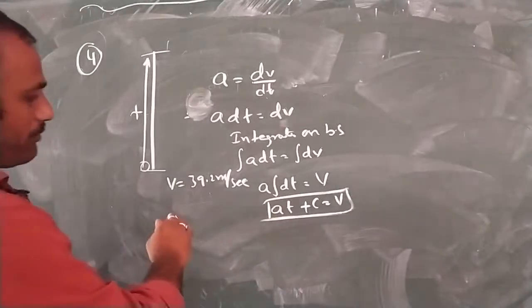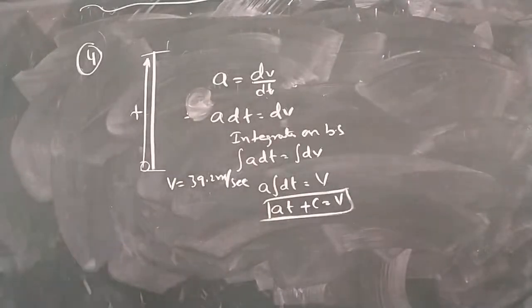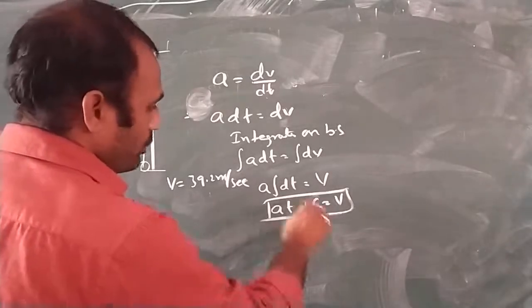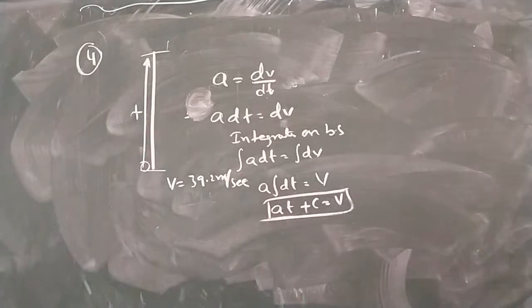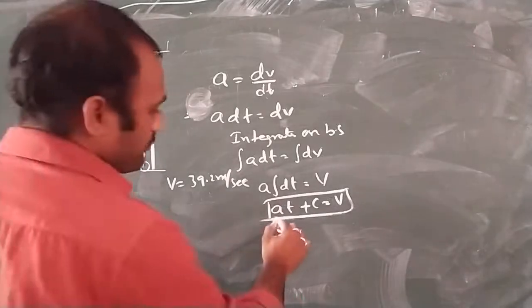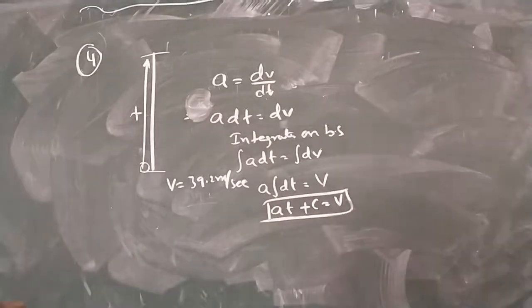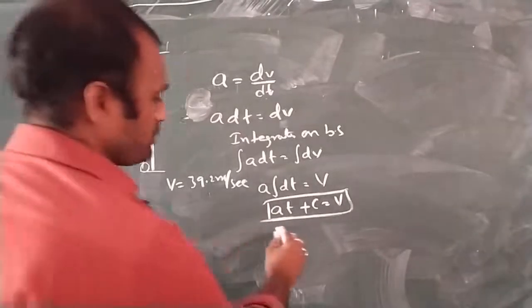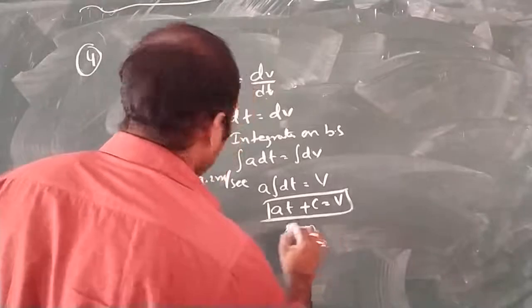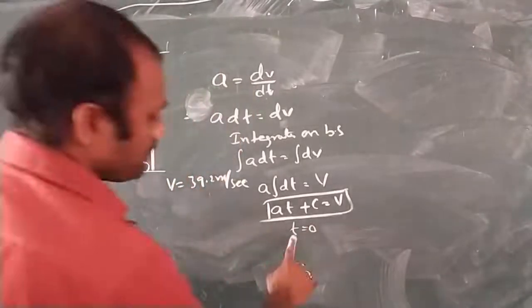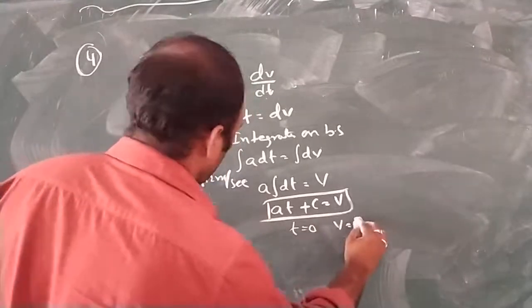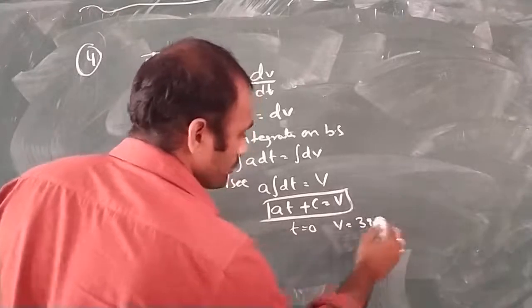Now we need to get the c value. In order to get the c value, we will assume the following. Given that time is 0, because initially the time is 0, and the velocity is 39.2.